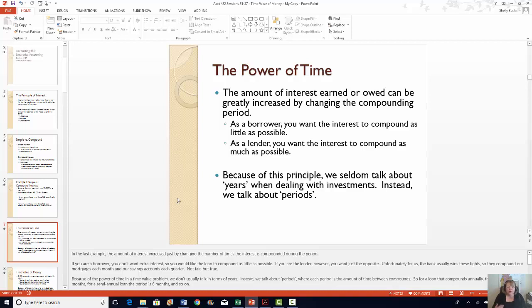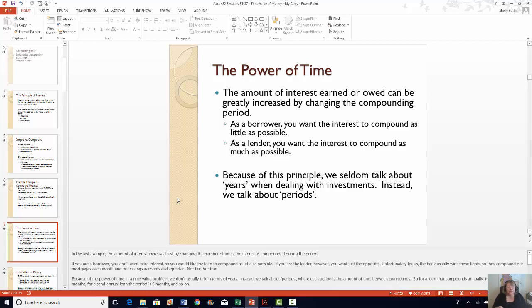So credit card companies do a daily compound, but a bank will not do it that fast, I don't think. It depends on the bank. But so you can see how there's a conflict there, depending on whether you owe the interest or you're being paid the interest.